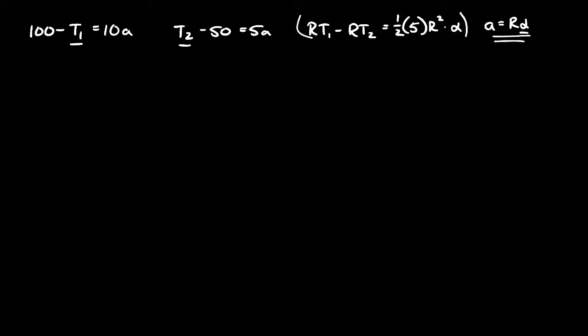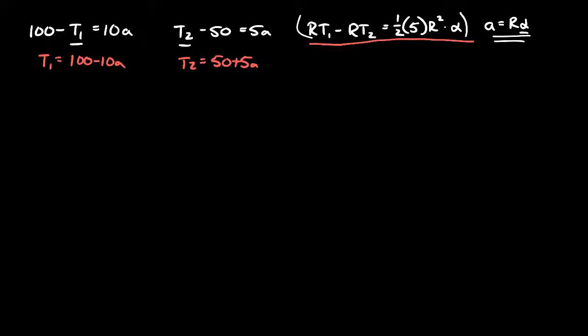Now go. So if you're making this your center, which is what I'm really trying to encourage you to do, then each of these other ones you're eliminating a variable. This process is going to get us the acceleration. We're eliminating everything else. So T1 equals 100 minus 10A. T2 equals 50 plus 5A.